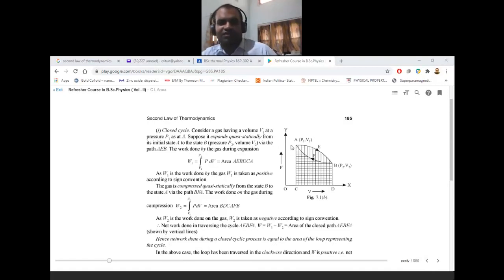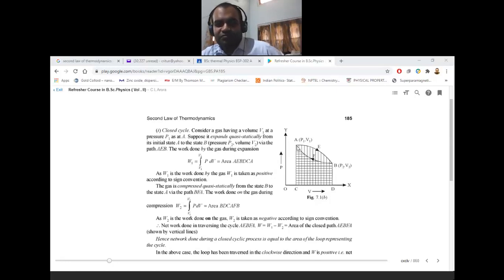So this process you can see, this is the initial state of a gas. Suppose the gas is initially at pressure P1 and volume V1, and then finally the gas reaches a state P2, V2. A is the initial state and B is the final state.